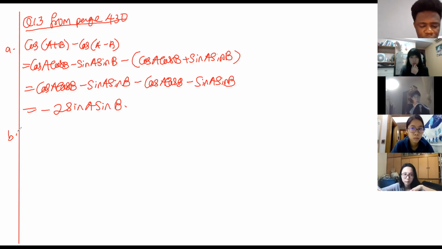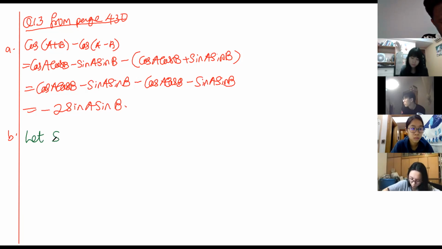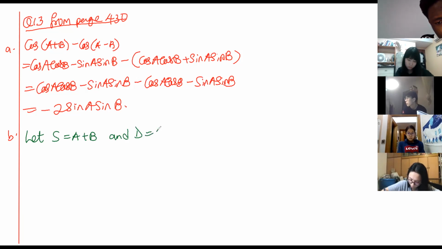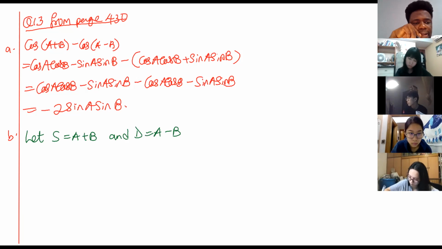By letting S be A plus B and D be A minus B. So the second question: let S be A plus B and D be A minus B. S stands for sum and D stands for difference, I think. We want to show that cos S minus cos D is equal to something.